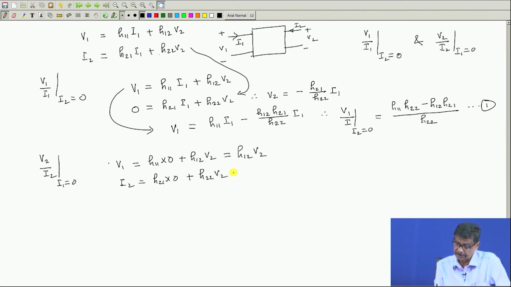This is what I will get, and this is equal to H22 into V2. I have to calculate V2 by I2. Everything is fine here. So, V2 by I2 from the second equation itself I get that V2 by I2 from this equation is 1 over H22.